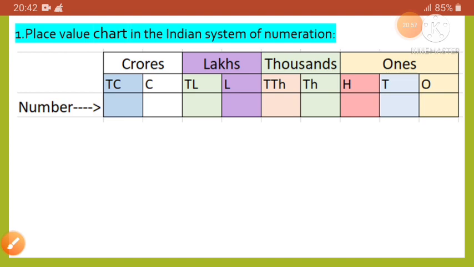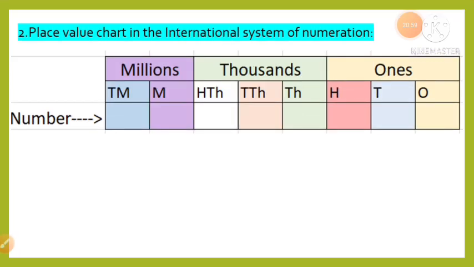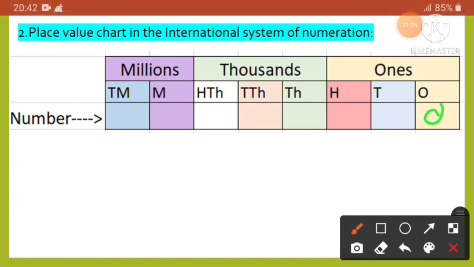Now if you want to put this number in the international place value chart, it will be 7 zeros and then 1. So the digit 1 comes in the ten millions place.